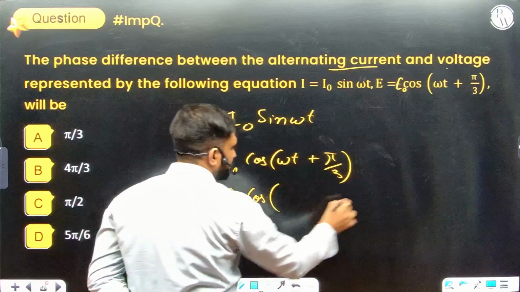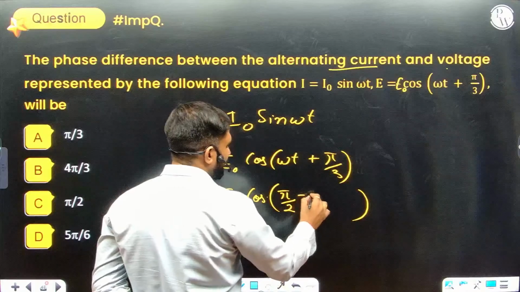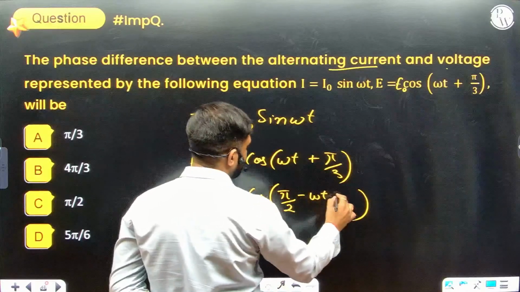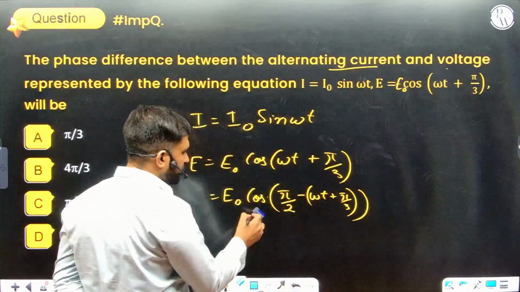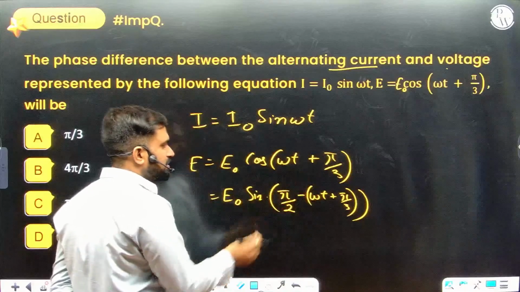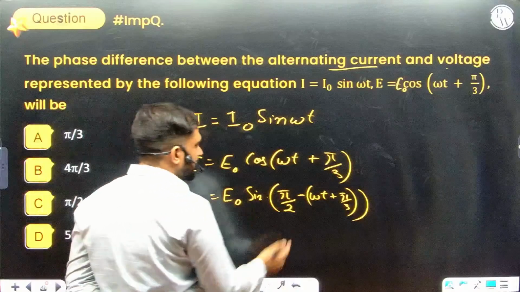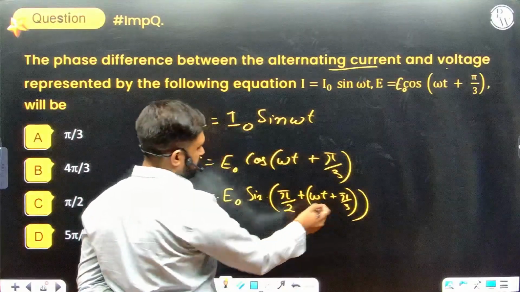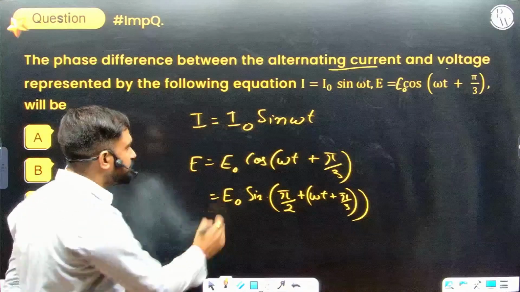I know that if I write sine of pi by 2 minus theta, it gives me cos theta. Correct. Rather than this, I can also do pi by 2 plus theta, because for sine, pi by 2 plus theta will be in the second quadrant, giving me a positive value.